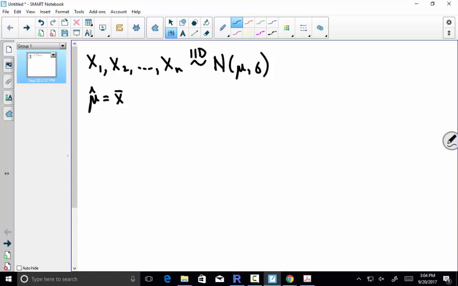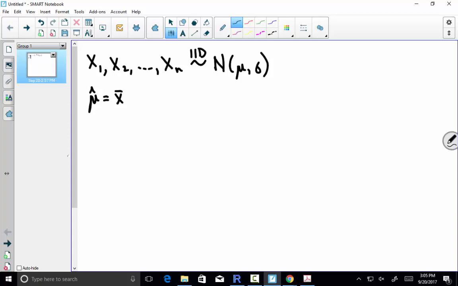So statistical inference is not just about estimating a parameter value. X bar is an estimate. If we had to pick a single value as our best guess at the value of mu, we would pick x bar. But we're almost certain that x bar does not equal mu. Mu is a population parameter.